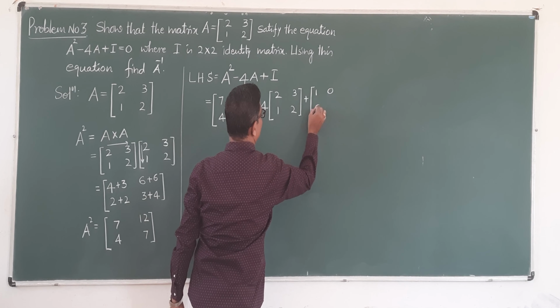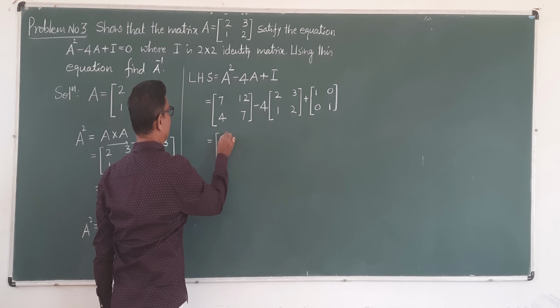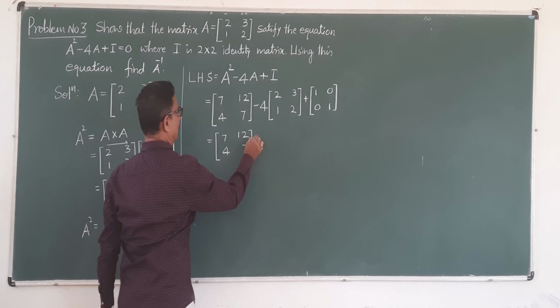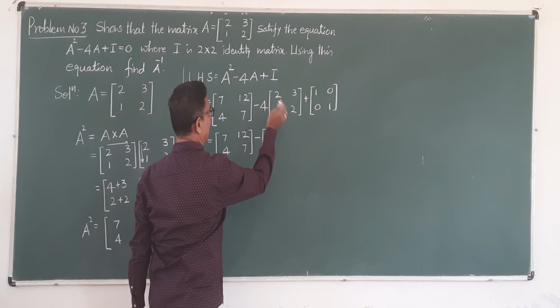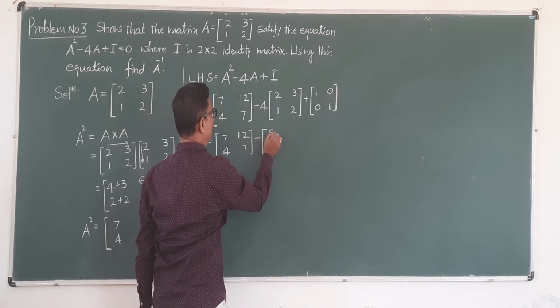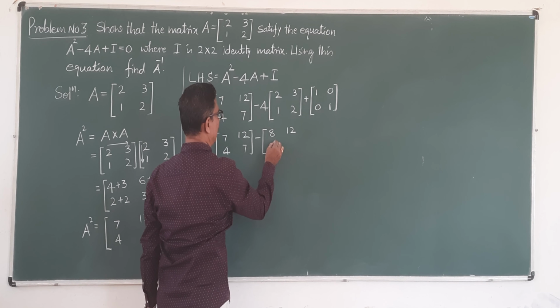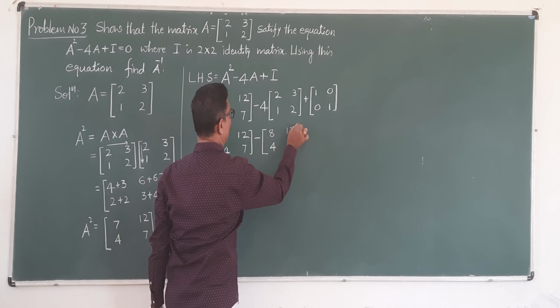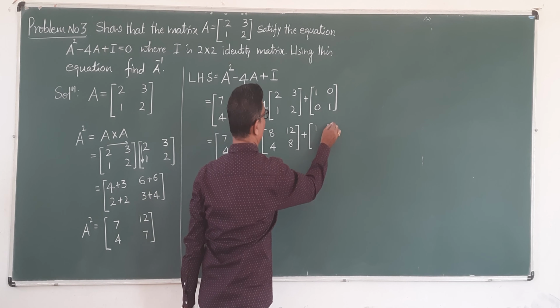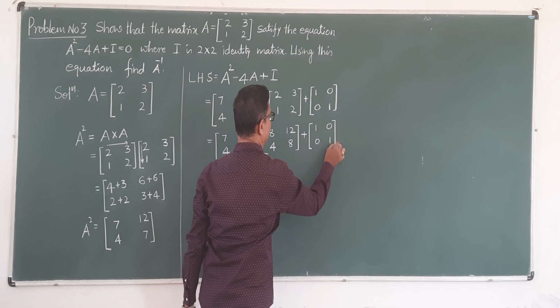Simplify. That is 7, 12, 4, 7 minus, by scalar multiplication, multiply each element of the matrix by 4: 4 2s are 8, 4 3s are 12, 4 1s are 4, 4 2s are 8, plus the 2 cross 2 matrix 1, 0, 0, 1.